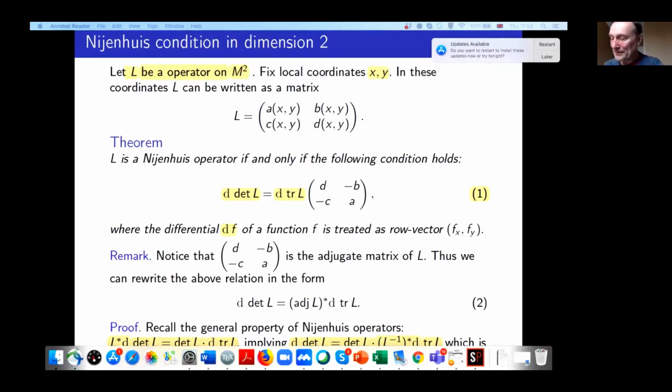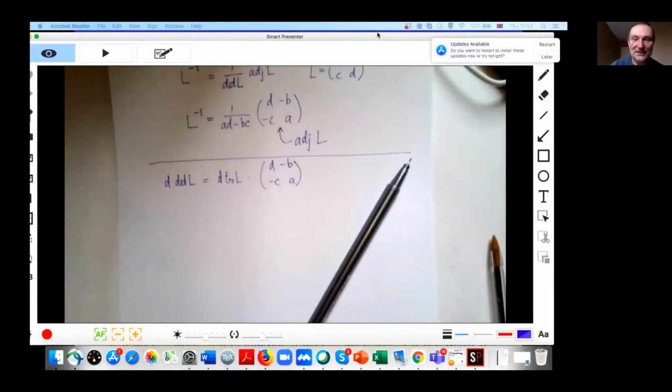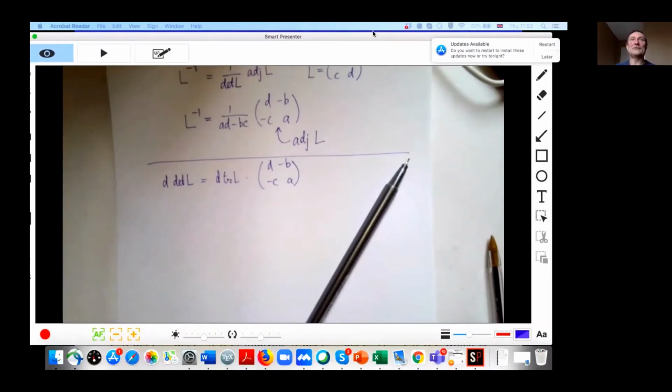So I want to prove this relation: the differential of the determinant of L equals the differential of the trace of L multiplied with the matrix D, minus B, minus C, A. And I want to check that this relation is equivalent to the Nijenhuis condition.